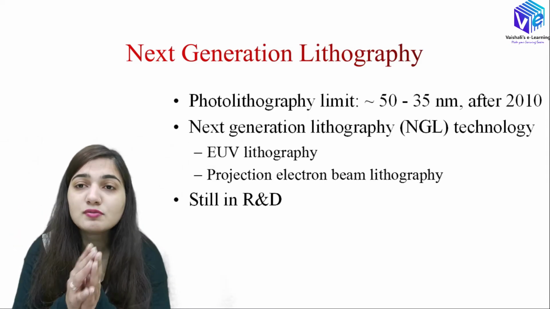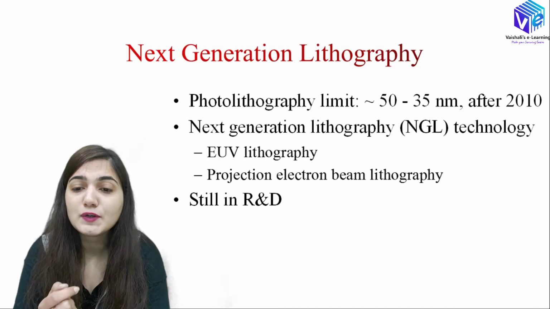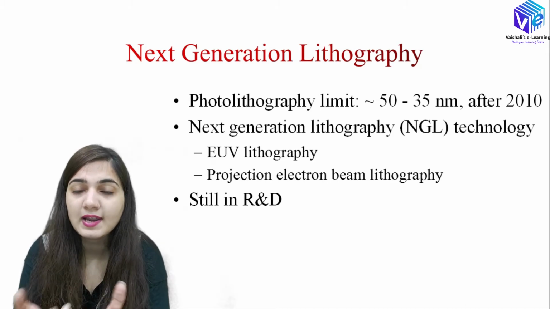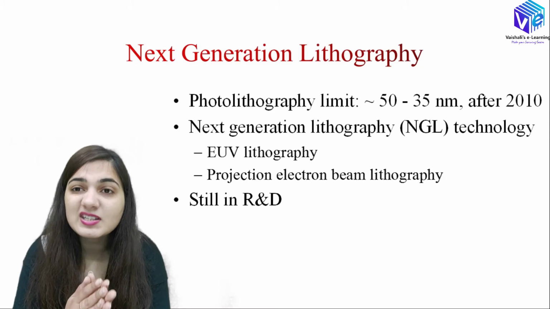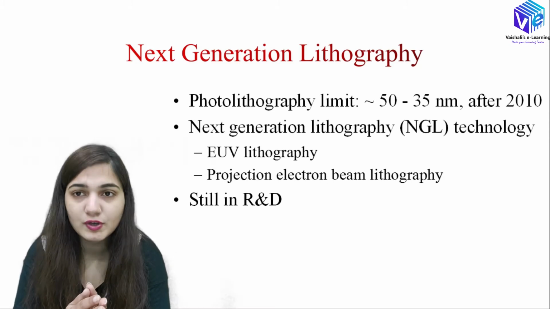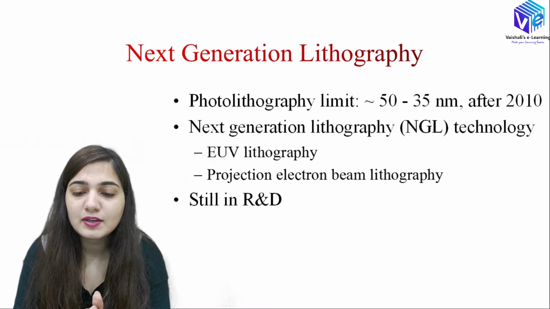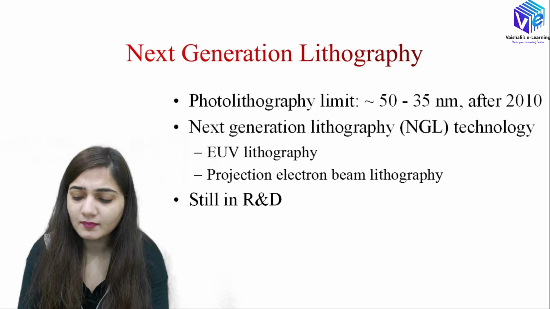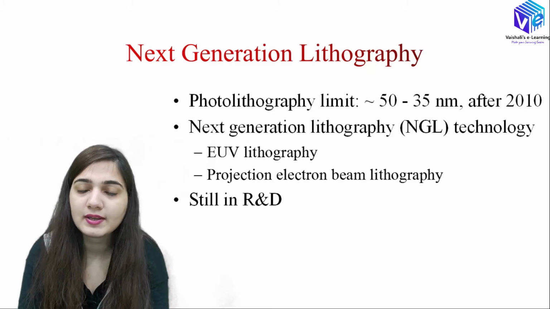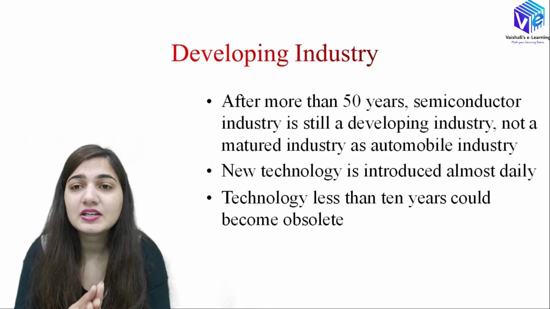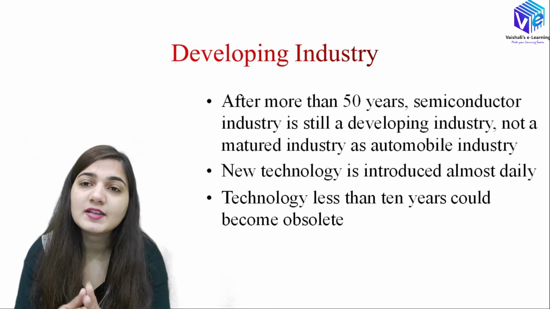We want smaller and smaller feature sizes, and for that we can use next generation lithography like extreme UV lithography. We have already talked about it, and we can use projection electron beam lithography. We have talked about EBL as well. It is still in R&D how we can use next generation lithography to reduce the feature size further.